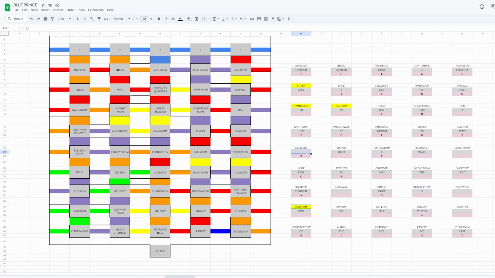It's the word us. Trophy room, we don't have the letter, as we just saw. Ballroom, we don't have the letter, that's the pig in the melody. Spare room, we just did though. Snail and sail, that's an N. And the word is of. Nook, kitchen, corridor.